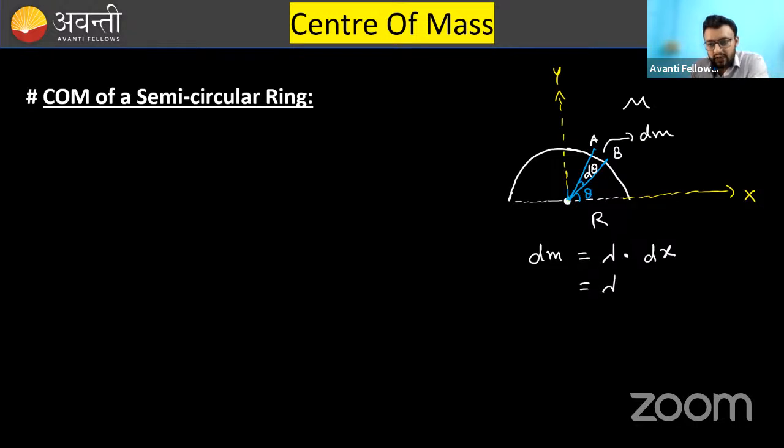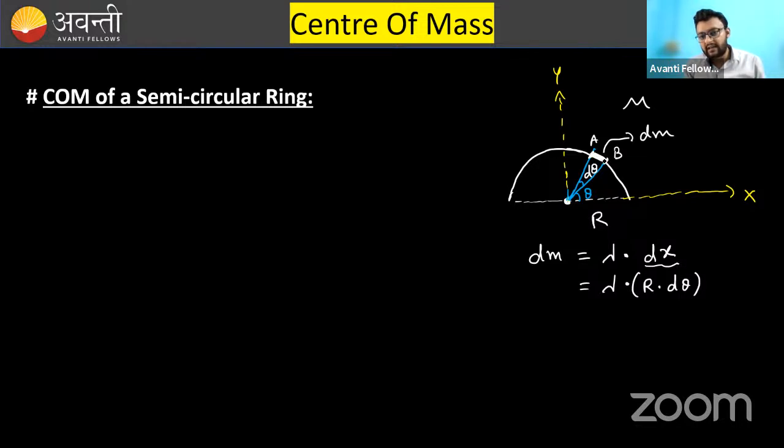So dm is equal to lambda into dx, and dx is the arc length, which is radius r into this small angle d theta. You can say yes or no if you are getting this dx length. This dx length is AB, and this is the arc length.